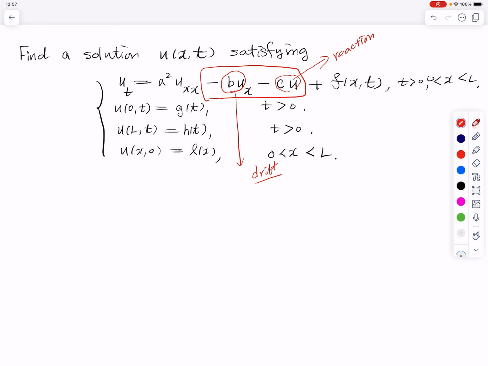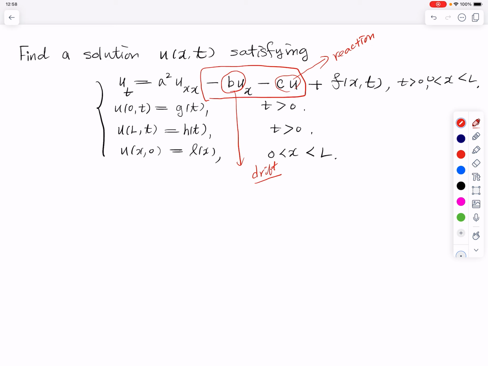So when you study some mathematical modeling, you can actually see the reaction and drift terms in the systems. When you do mathematical modeling of a system affected by a drift term and a reaction, you will end up with these equations.